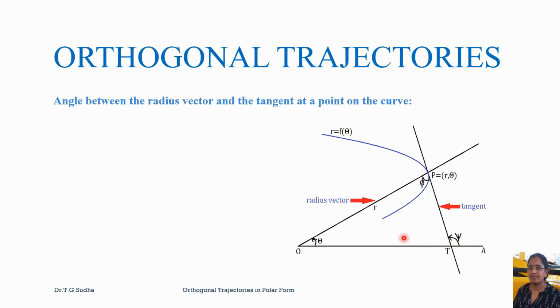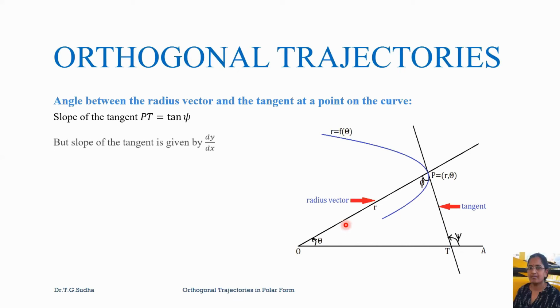And the angle between this radius vector and the tangent is phi, and this radius vector is making an angle theta with the positive direction of the x-axis. Therefore, P is having the polar coordinates r, theta. So, the slope of PT is given by tan of psi.